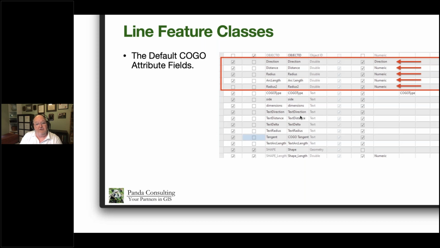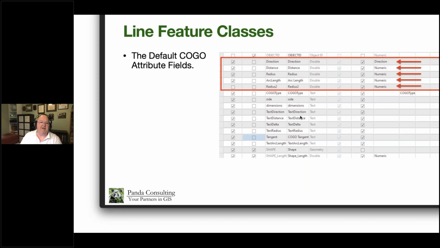These numeric fields can be used for calculations. Within the parcel fabric, they automatically get used for calculations, but within just standard ArcGIS Pro, you can also use those for other calculations, and compare what the distance is that's stored from COGO versus what the actual shape length is.